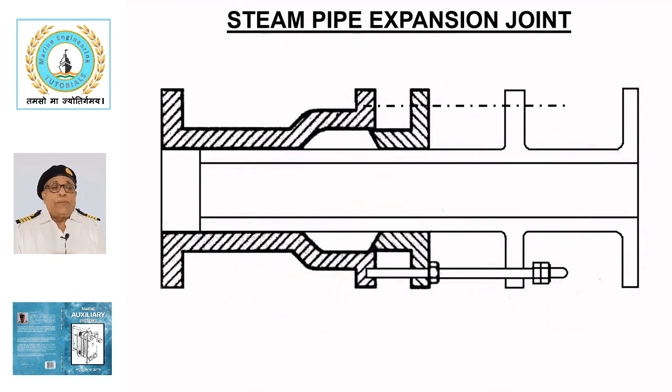Steam pipe expansion joint. Expansion arrangements in ship's piping systems are essential for absorbing dimensional changes caused by thermal effect and structural movements, ensuring safe and efficient operation.